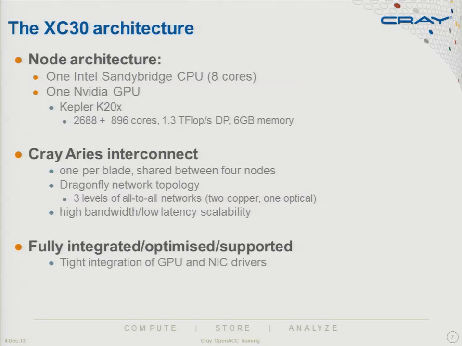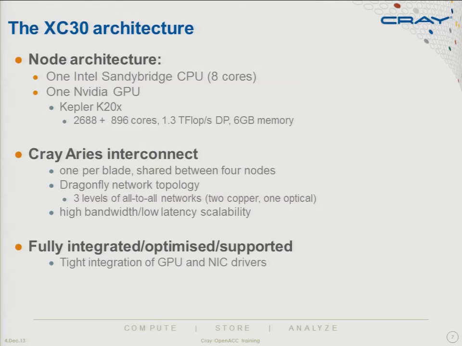And one of the amazing things about the machine at CSCS is that it's one of the first systems that we could talk about that has the full complement of optical cables. So this machine has the best bandwidth of any Cray XC30 that you would ever be able to use in the world. So another great feature of it.